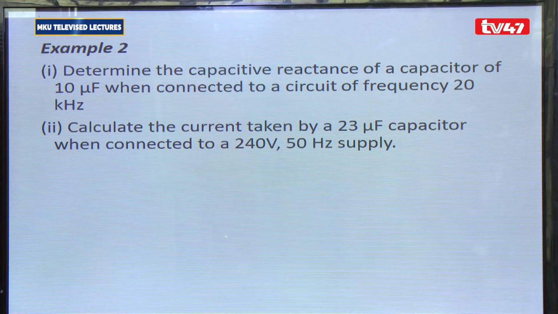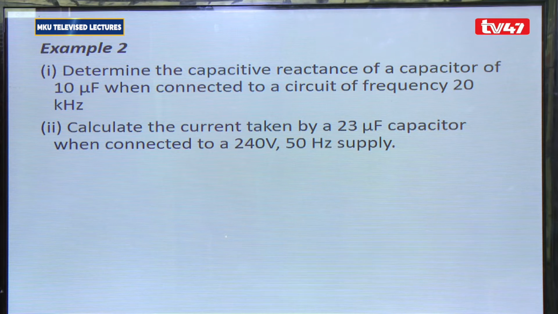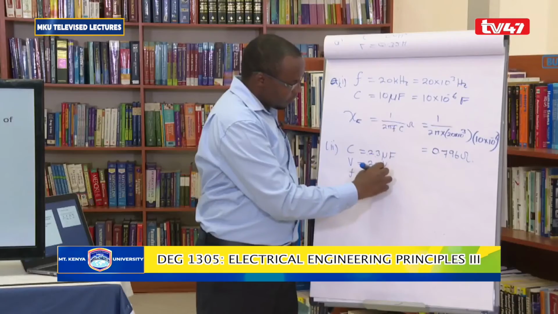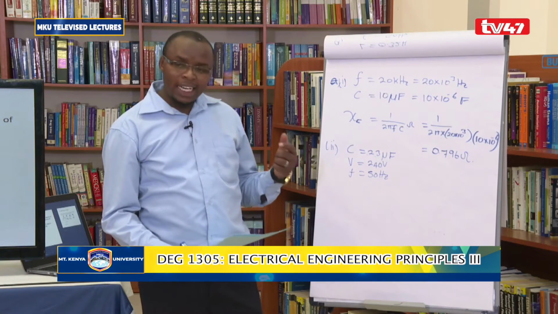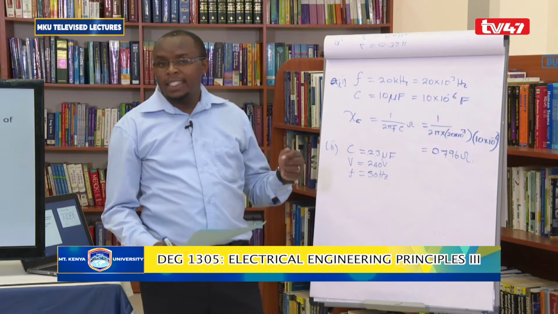Here you have been given the value of the capacitor as 23, so C is equal to 23 microfarad, the voltage is 240 volts, and the frequency is 50 hertz. You're supposed to get the current flowing through that capacitor.